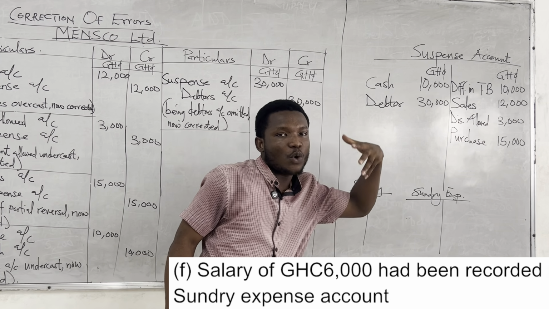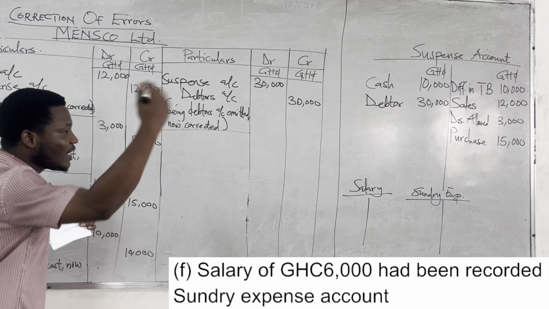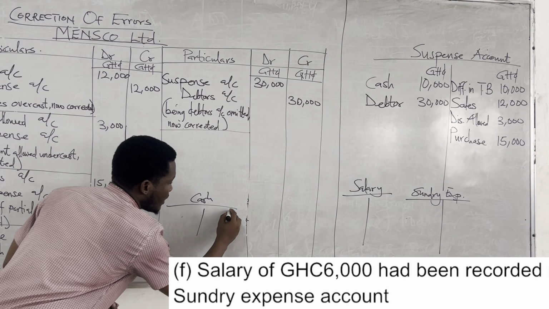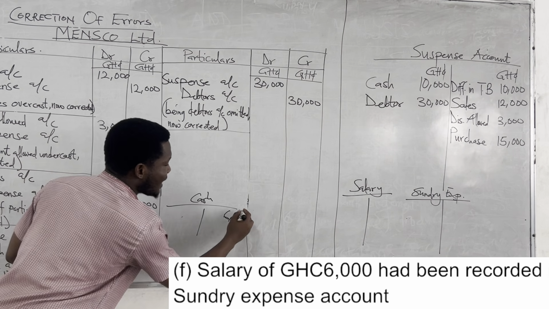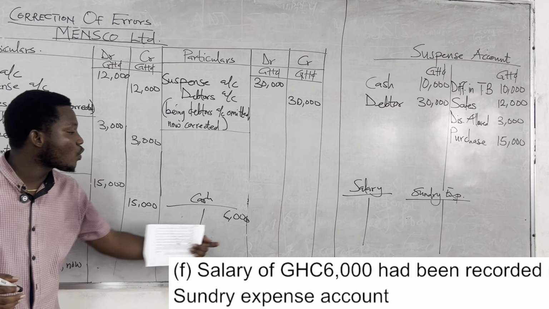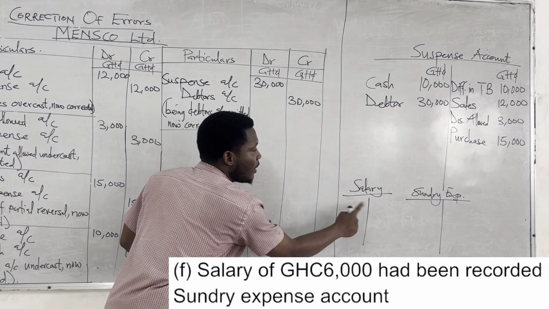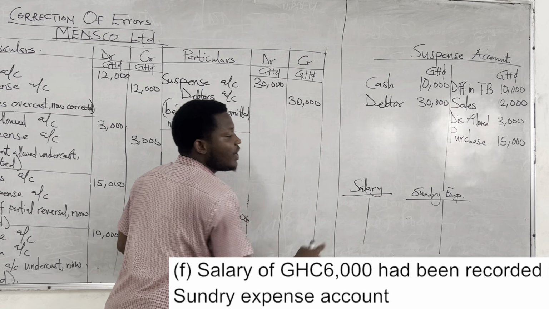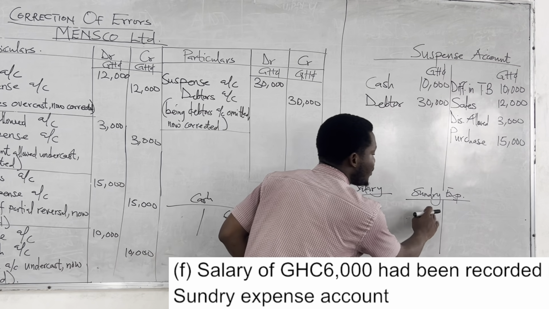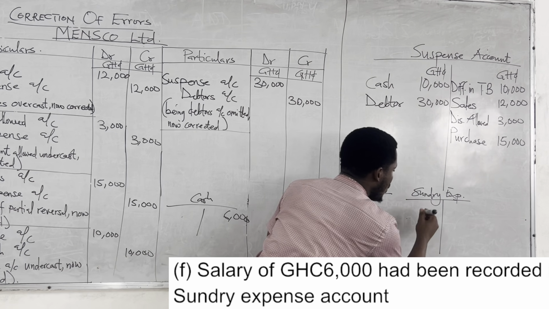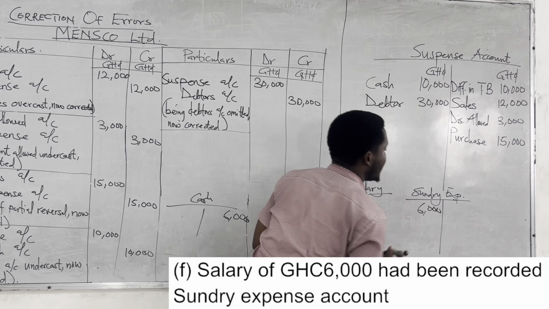So cash is given, 6,000. In the cash account, we recorded it correctly. But instead of recording it in the salary account, we ended up recording it in sundry expenses at the debit side. So 6,000 at the debit side.